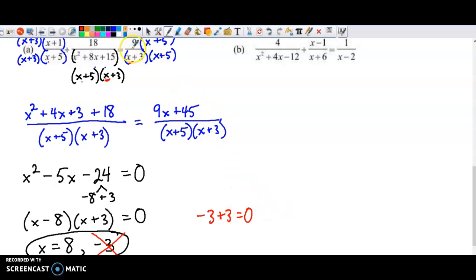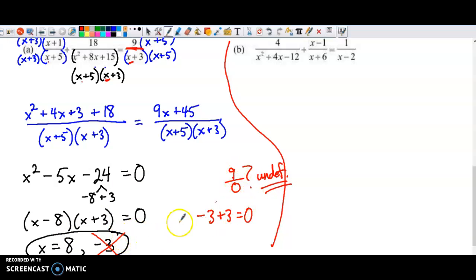So my question to you is, what is 9 divided by 0? Well, that answer is undefined. We cannot divide by 0, and so that's where we get into extraneous solutions. Our answers have to be defined values, and we cannot divide by 0, so negative 3 does not work.